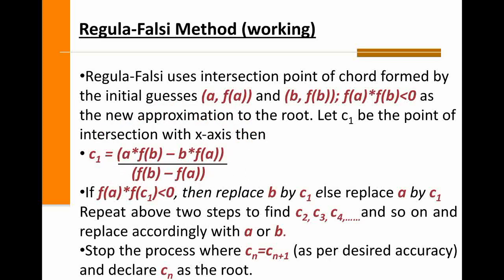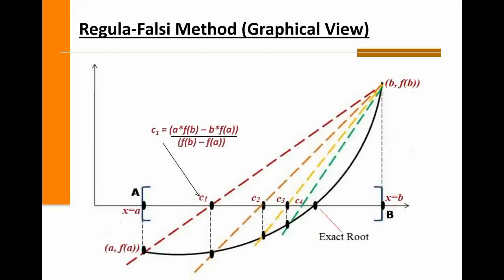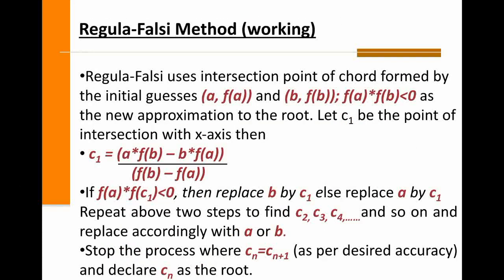Now again, in the similar pattern as we have done in the bisection method, if f(a) into f(c1) is negative, then I will replace b by c1. That means my new bracket will be a to c1, right? But if it is not so, then my new bracket will be c1 to b.